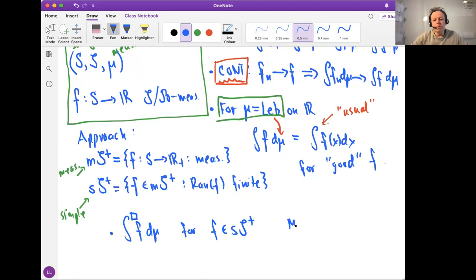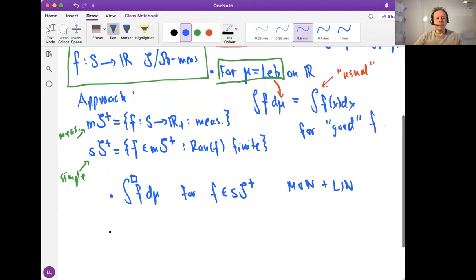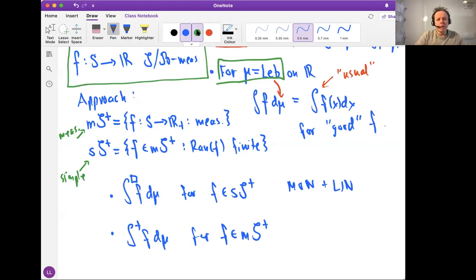Then we will prove monotonicity and linearity for this setting, and then we extend it to arbitrary measurable and non-negative functions. Let's emphasize that here the plus refers to the definition of the integral for non-negative functions, and the square refers to the definition of the integral for simple functions.